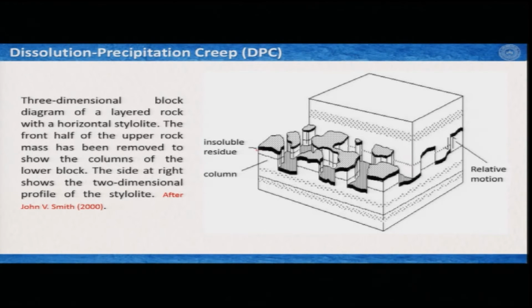You see these are the columns of the stylolite, and here in this area you have this insoluble residue, they stay like that. And of course, if you see it from the side, then these are the places where you have some sort of relative displacements of the initial dissolution seam. So, this is how the stylolites form through the process of dissolution precipitation creep.